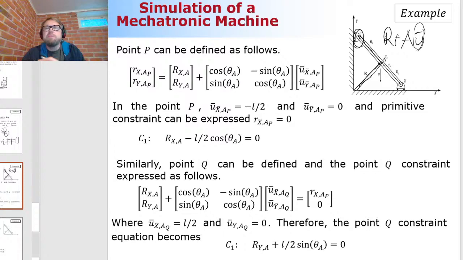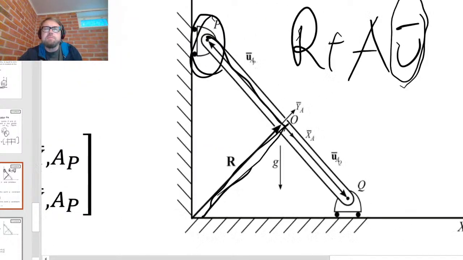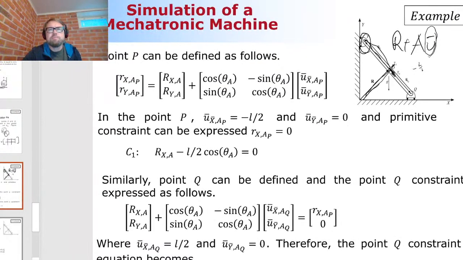Look at this. I need to make this a bit bigger. The body coordinate system x-axis is pointing in this direction, and we want to travel here. So obviously we have to travel minus L divided by 2, and in this direction it is going to be 0. So u bar x is minus L divided by 2, and u bar y is equal to 0.